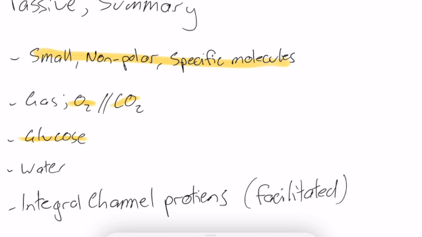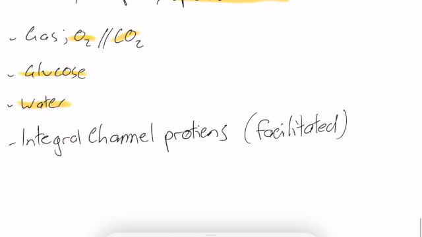The role of osmosis and water, and how water flows with the solute concentration, low to high. And we also talked about facilitated diffusion with the use of integral channel proteins, so things like the GLUT transporter, which was mentioned, and how that aids the diffusion of such material.